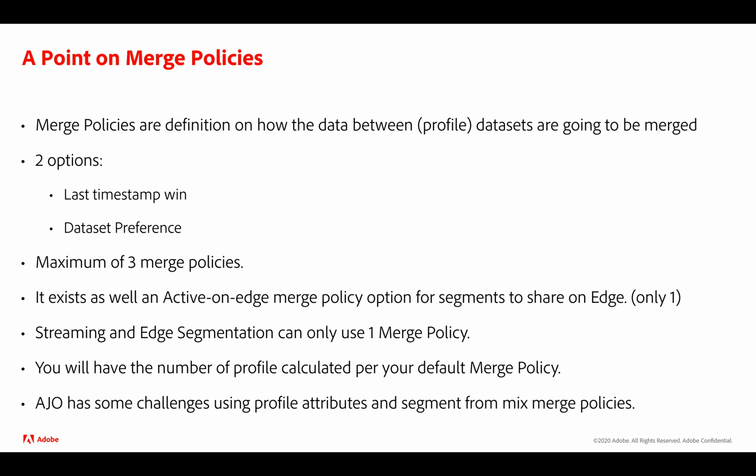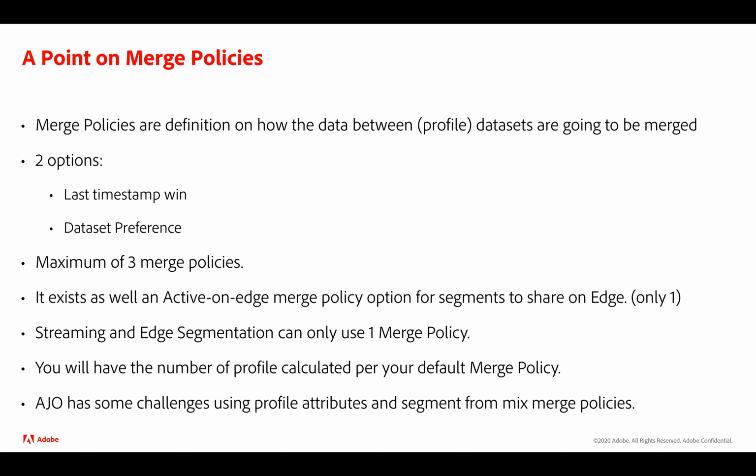So if you start selecting a streaming segmentation, we'll see that for evaluating your segment, it's a real-time evaluation, then it's automatically attached to one merge policy, which is your default merge policy. If you ever change the merge policy attached to the streaming or to the edge, then it will automatically change for all of the other segments as well.